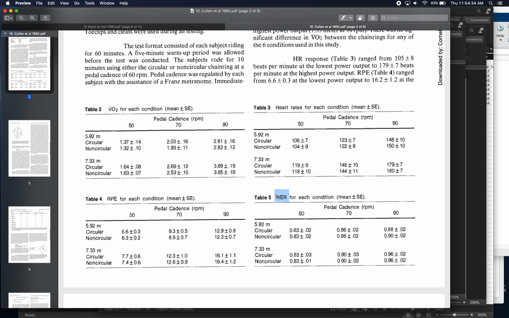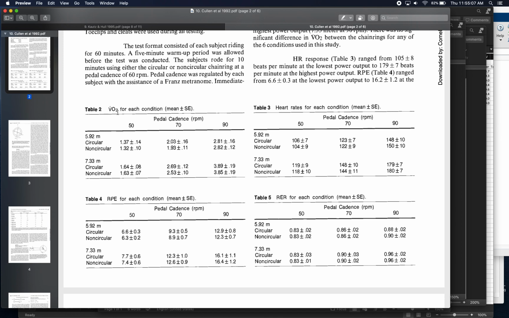Respiratory exchange ratio, if you've ever done a VO2 max test, which some of you who've taken Kines 360 may have done or at least seen one being done, is one of the common indices used to evaluate if you're at a maximum rate of oxygen consumption, a really intense aerobic effort. It's the ratio between your carbon dioxide production and your oxygen consumption, and if it gets above a certain value, it's usually an indication that you're near your maximum oxygen consumption.